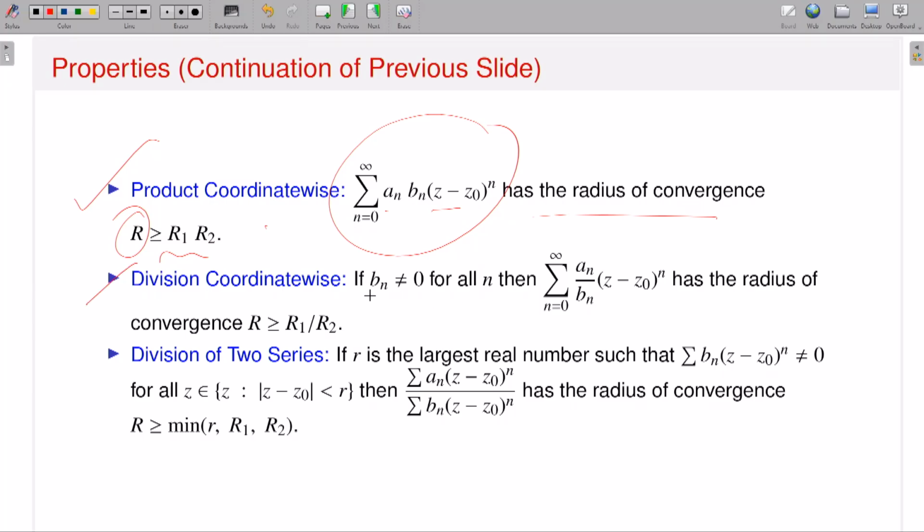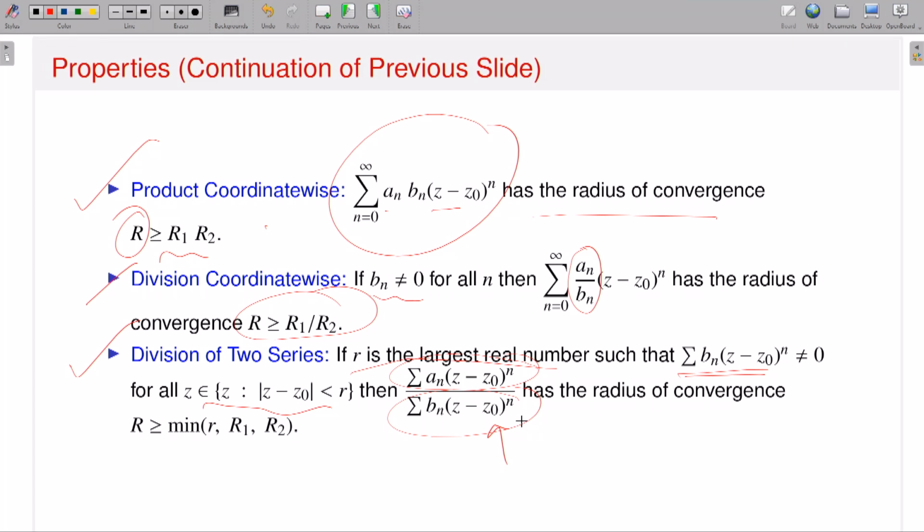Division you can have as well. So if b_n is non-zero, if I have two power series, then I have a new power series a_n by b_n whose coefficients, and also the radius of convergence you can prove, R is greater or equal to R1 by R2. And for division of two power series, that means if R is the largest number such that the power series sum of b_n (z minus z naught)^n is non-zero for all z in this domain, then I can make sense of sum a_n divided by sum b_n, because in the denominator I have the sum over b_n (z minus z naught)^n.